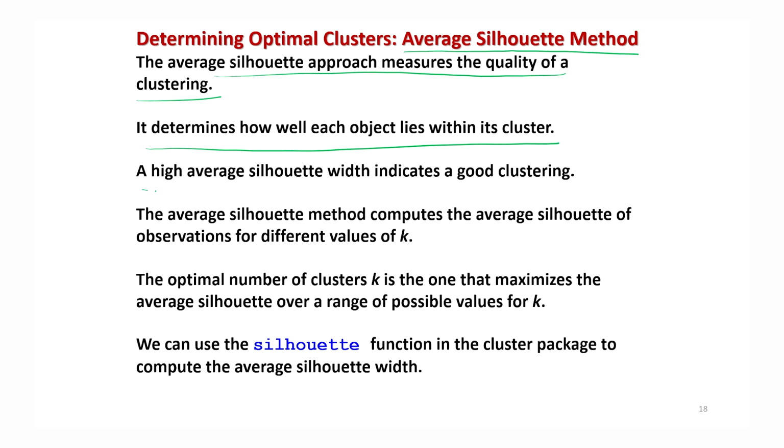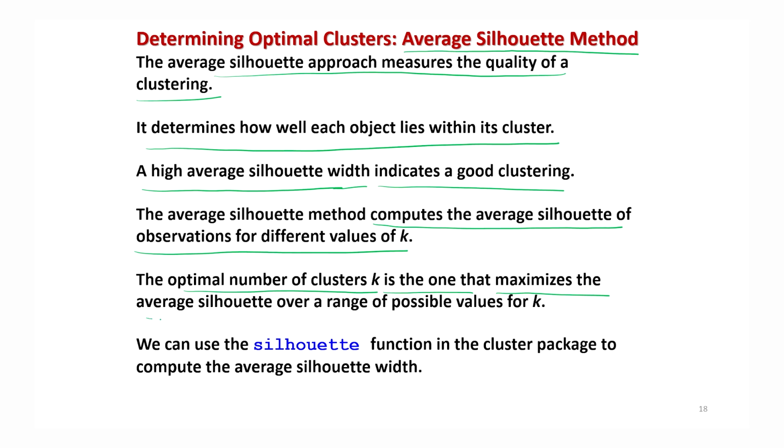So a high value of this silhouette width indicates a good clustering, and in this average silhouette method, we compute the average silhouette of the observations for different values of k. And then we choose the value of k such that the optimal number of clusters k is the one that maximizes the average silhouette over a range of possible values of k.